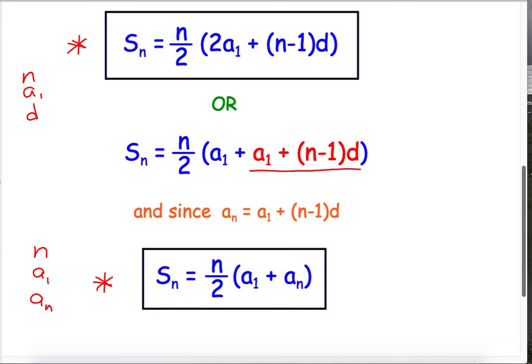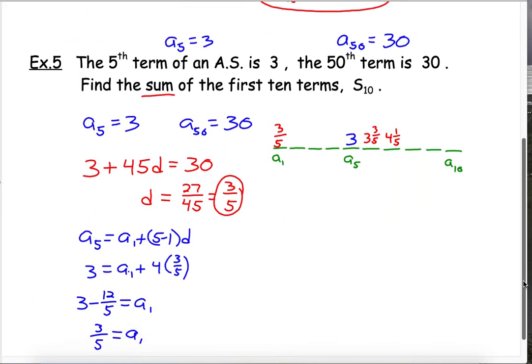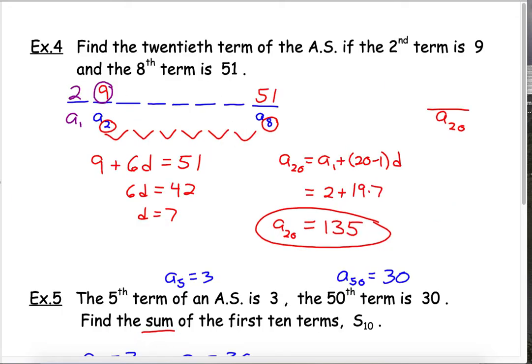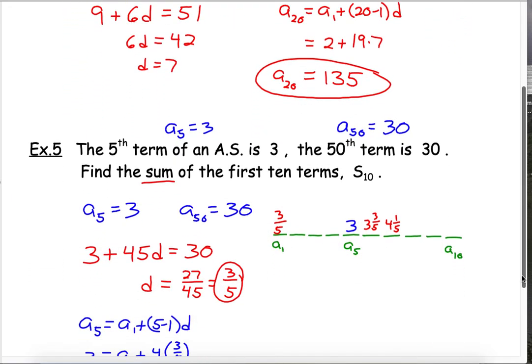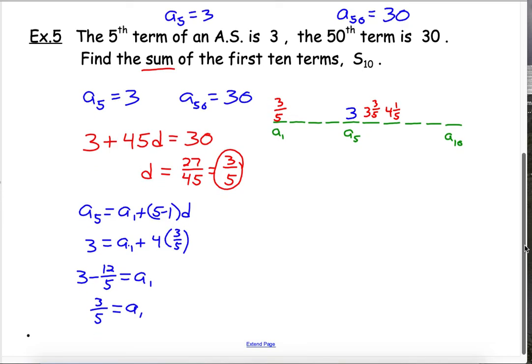So now we can jump back to this problem that we were working on. The fifth term of an arithmetic sequence is 3, and the 50th term is 30. So where were we at? We were trying to add up the first 10 terms. Well, what did we know?